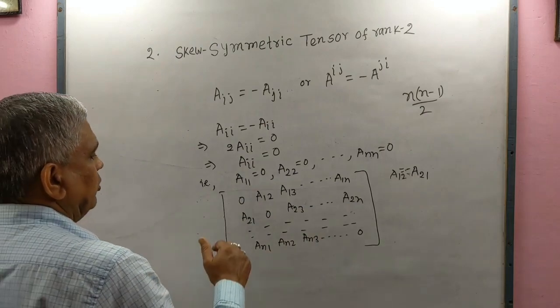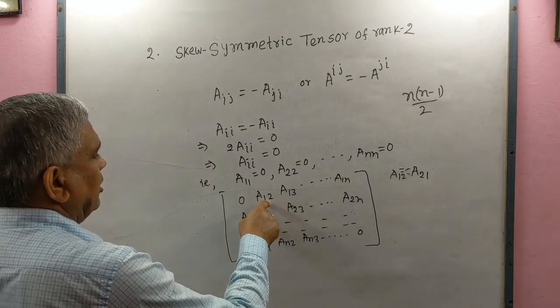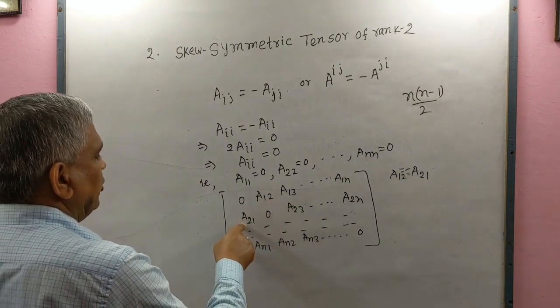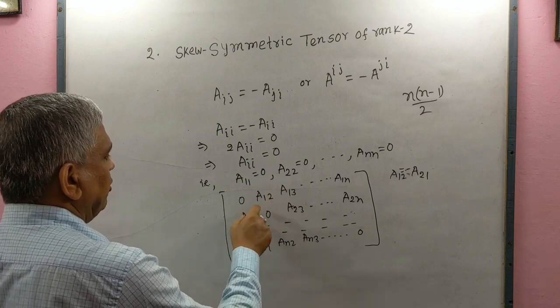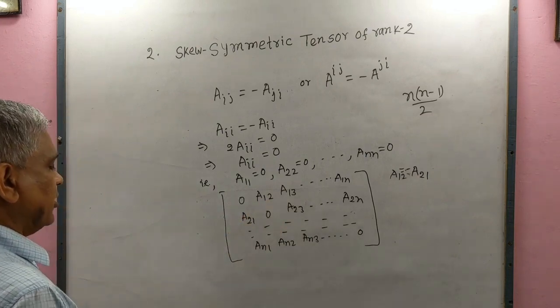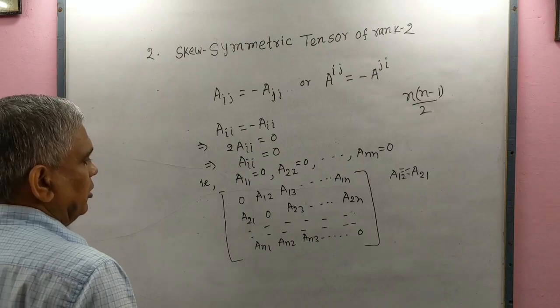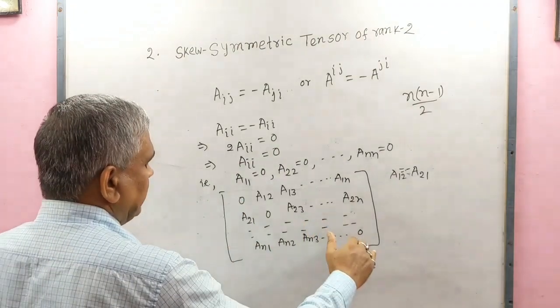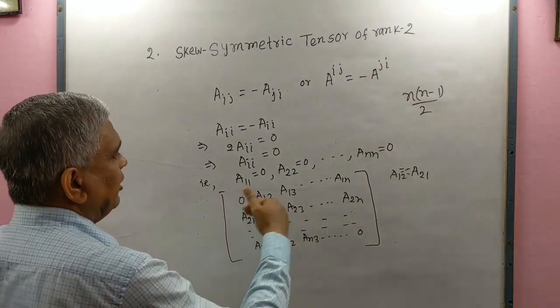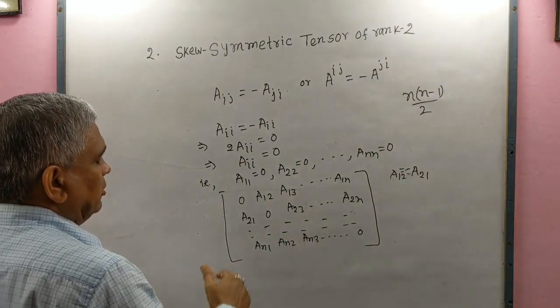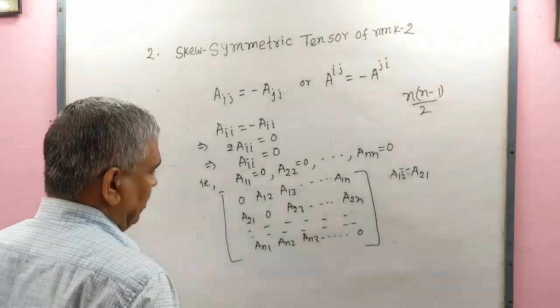Similarly, we get that these components are dependent on each other. For two components, we get only one independent component. So the components below the diagonal are dependent on the components above the diagonal.